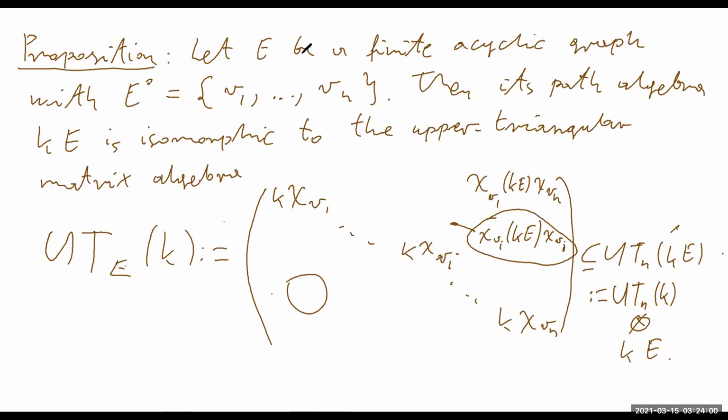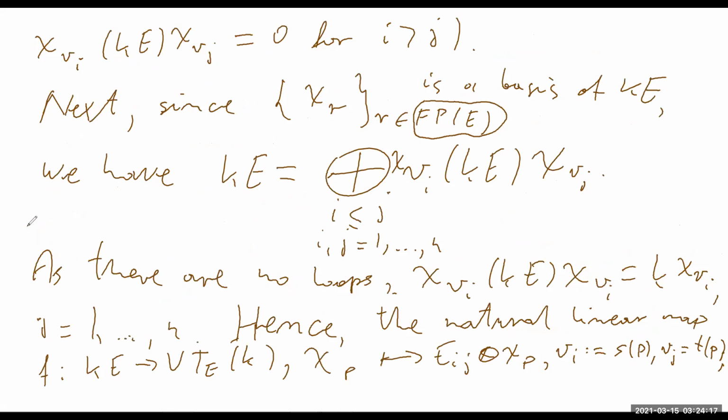When you look at this upper triangular matrix algebra as a vector space, then this is a direct sum of the vector spaces which are written as entries of this matrix. And this is precisely the same direct sum as we wrote here for the path algebra. Okay. So as vector spaces, they are obviously the same.